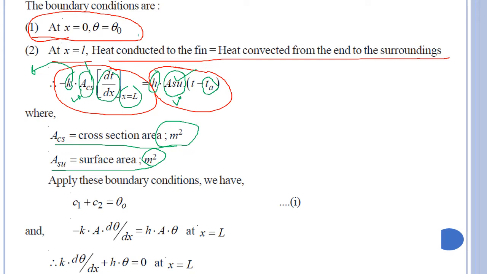Now when we apply the first and second boundary conditions, we get C1 plus C2 equals theta 0, and at x equals to L we write Q conduction equals Q convection. So K into d theta by dx plus h into theta equals 0 at x equals to L.